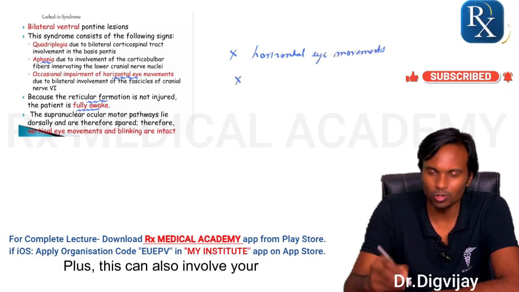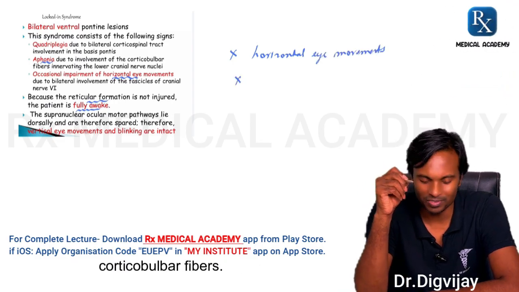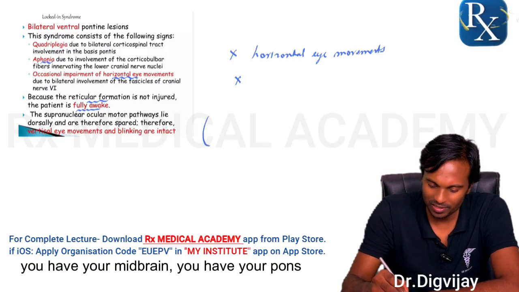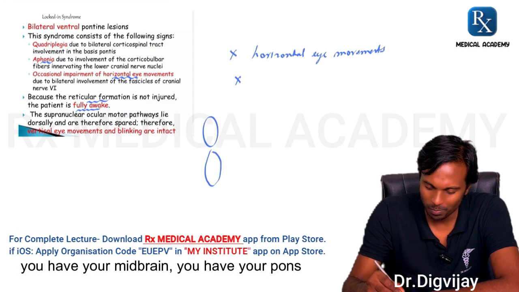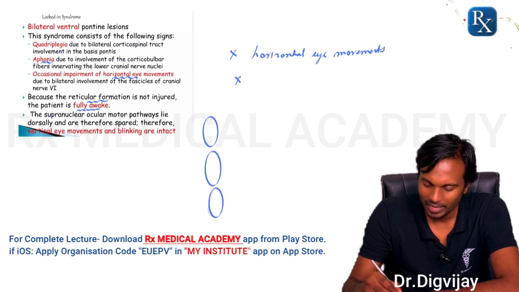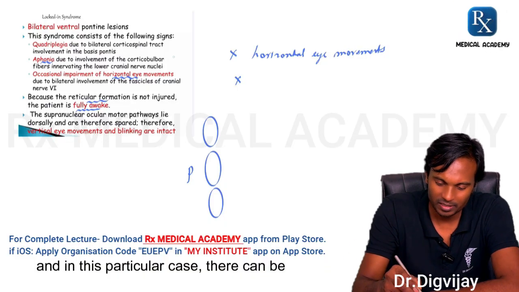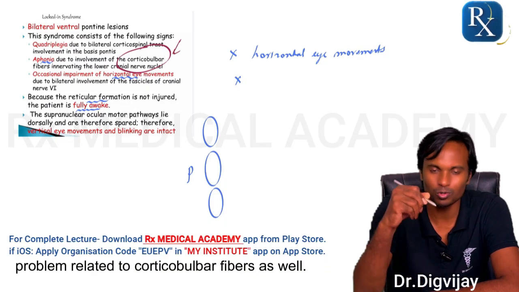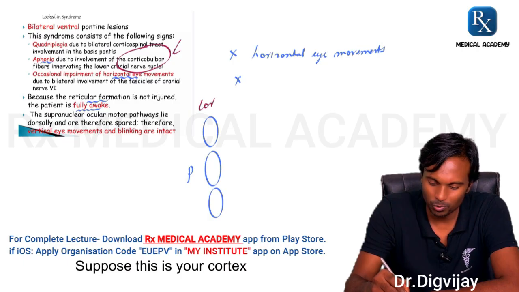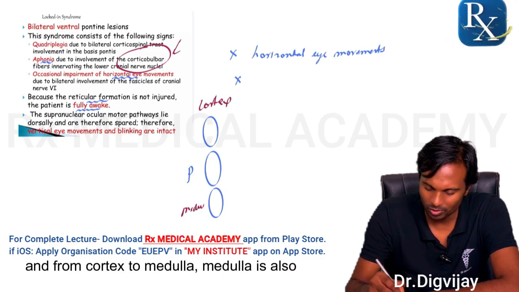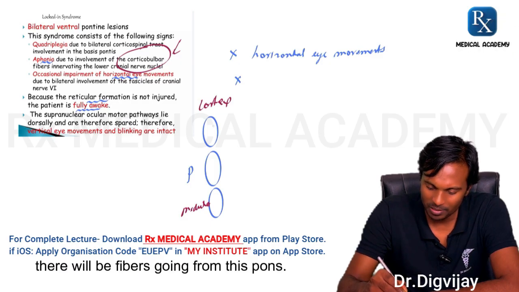Plus, this can also involve your corticobulbar fibers. By corticobulbar fibers, I mean that you have your midbrain, you have your pons, and you have your medulla. In this case, we are dealing with the pons. And there can be a problem related to corticobulbar fibers as well. Suppose this is your cortex, and from the cortex to the medulla, the medulla is also known as the bulb, there will be fibers going through this pons.